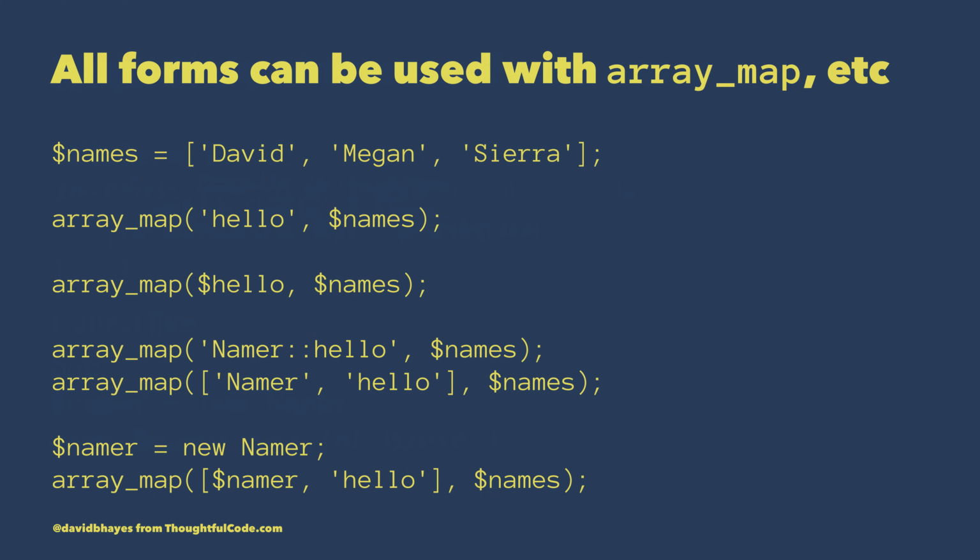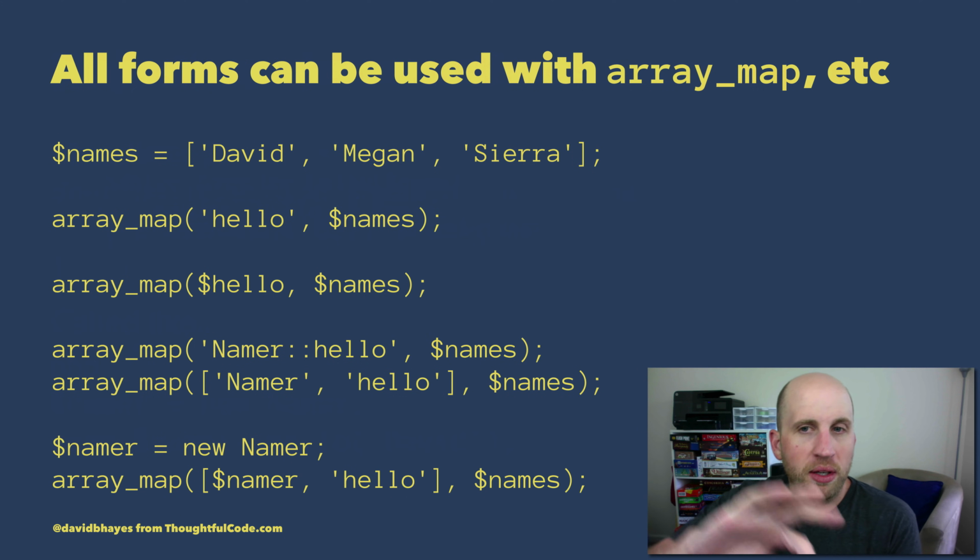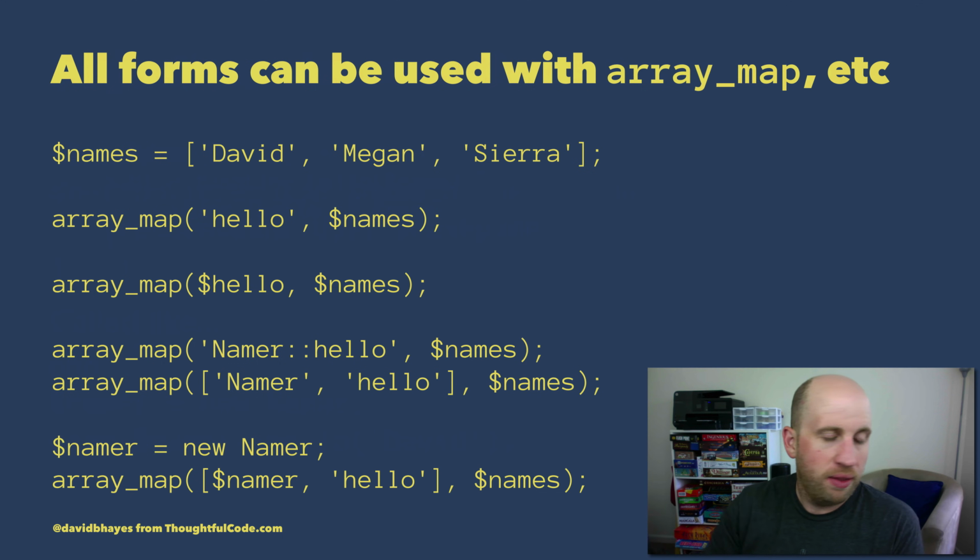So all the forms of these, the syntax that I've got here, can be used with array map, as we just went over on the last slide. So if I new up an array with some names, I can call array map on a hello where I've just defined a function by saying function name, parameters, etc. That would work fine. Similarly, if I'd stored that hello function into a variable, then I can call array map that way.